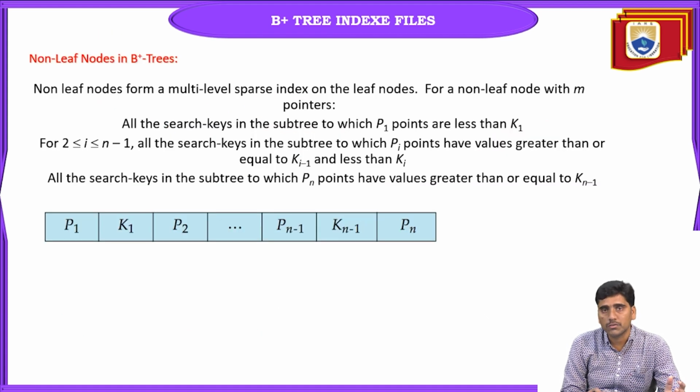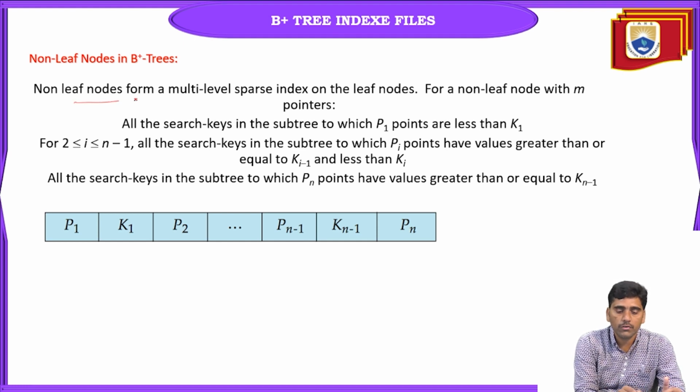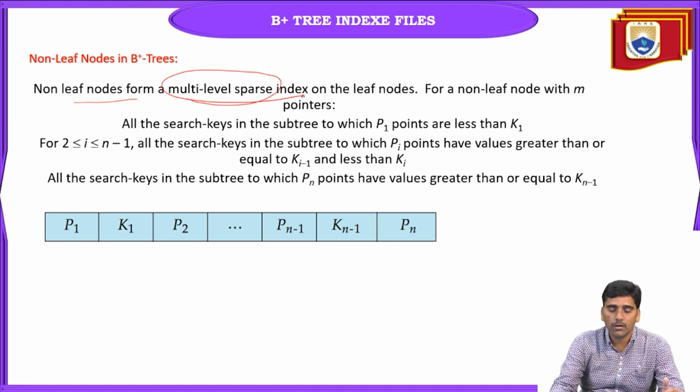And the non-leaf nodes: if a B plus tree is not a leaf node, then what does it take and what does it point to? So non-leaf nodes form a multi-level sparse index on the leaf nodes.